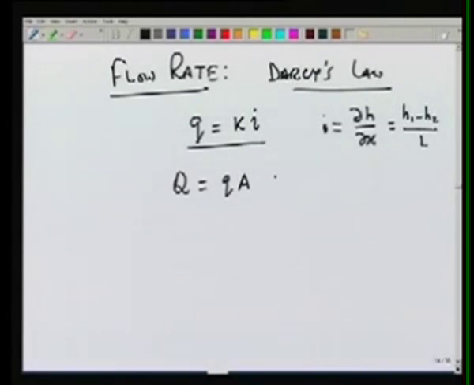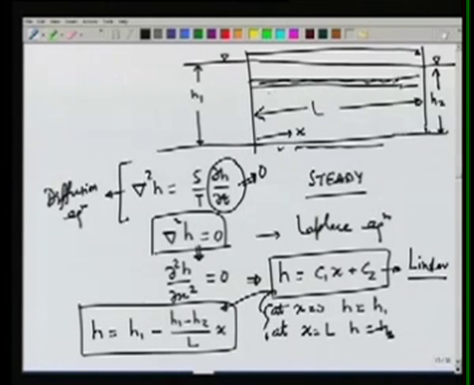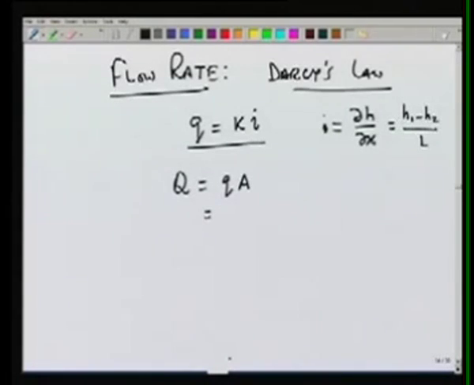If we consider unit width, then area will be equal to the thickness of the aquifer, which is B. So we can write this as K, H1 minus H2 over L, into B.